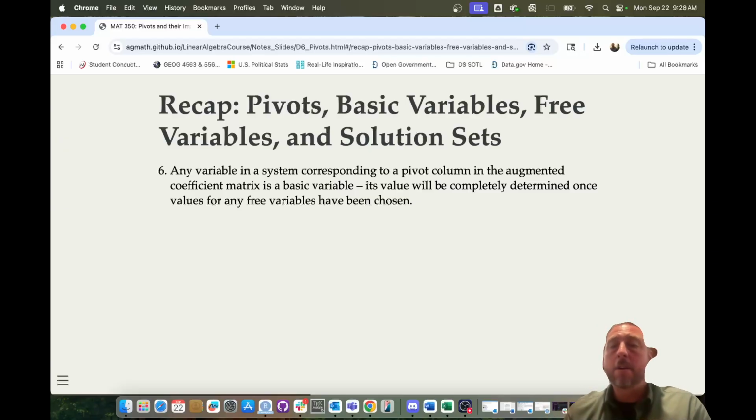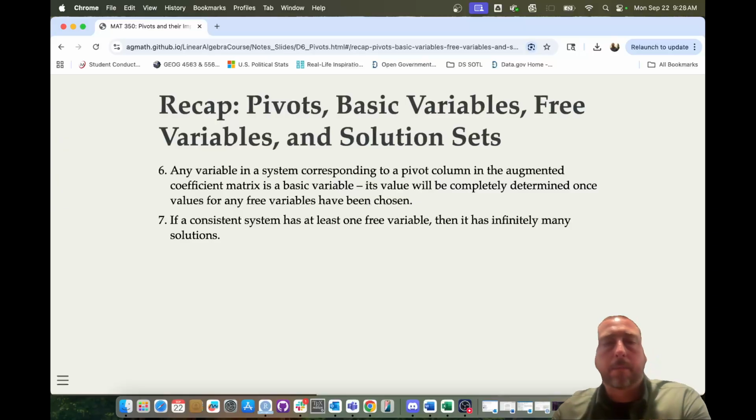Basic variables are not free. Their values are completely determined once the values for any free variables have been chosen. One thing to maybe just mention and point out is that if I have multiple free variables in a system, those free variables are allowed to take on different values. They're truly free. It's not the case that all of the free variables have to take on the same value. Everything is completely free if we're a free variable. So free and flexible there.